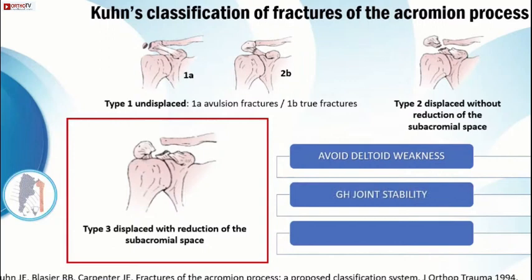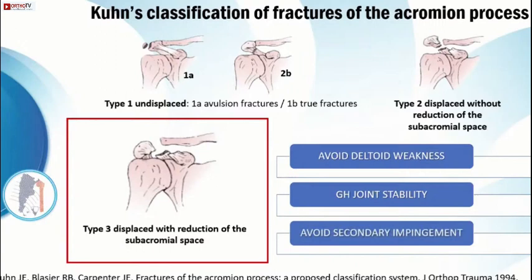Moreover, as we know, the acromion provides one side of the AC joint and serves as the point of attachment for the deltoid muscle and the coracoacromial ligament, which provides anterior superior stability to the glenohumeral joint. In addition, the acromion, by being part of the roof of the glenohumeral joint, provides posterior superior stability too.